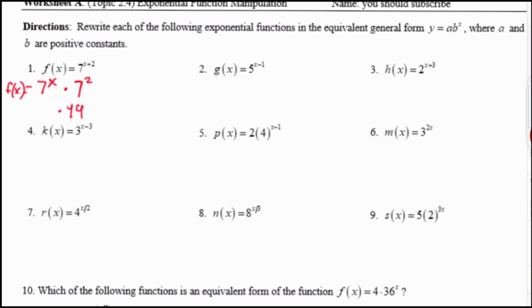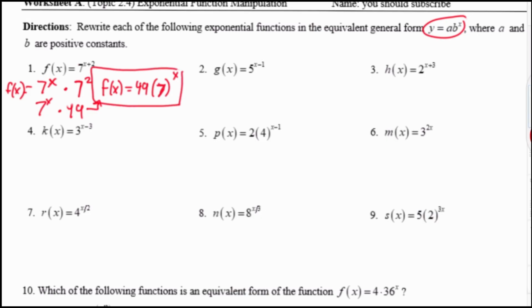So 49 times 7 to the x, and then that changes into using the real form of exponential, which is shown right there. This 49 is our a, and then b is 7 because that's to the power of x. So we know that's our b. And that would be the answer to our first question.